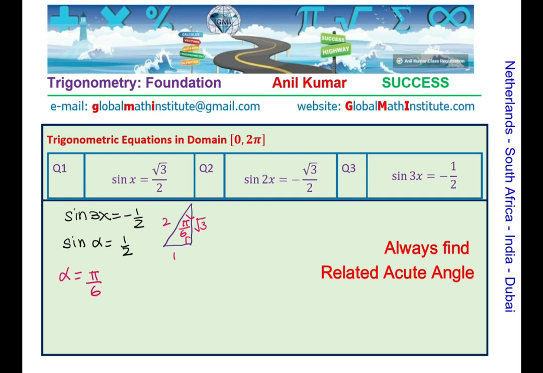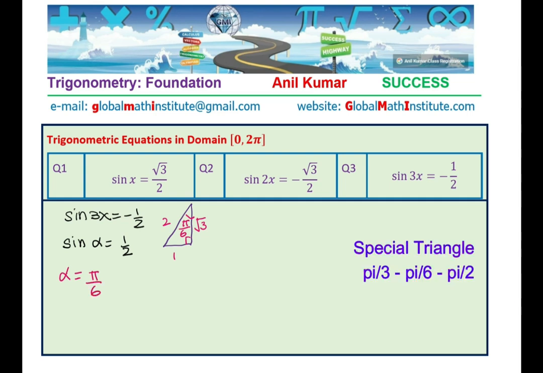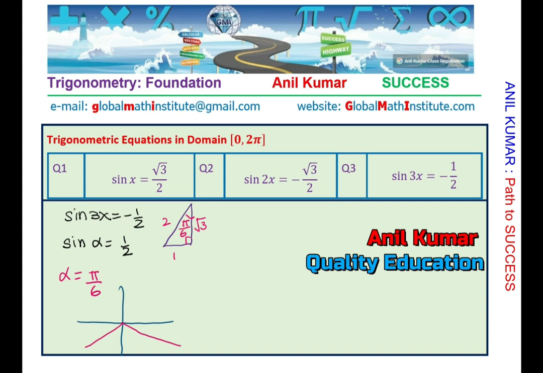Now we are looking at negative, right? Therefore, I'll squeeze in this time so that we have enough space to work on. So pi by 6, negative means we are looking for answers in quadrant 3 and 4, right? So those are the solutions. So of course, one of them is going to be this and the other one is this, correct?